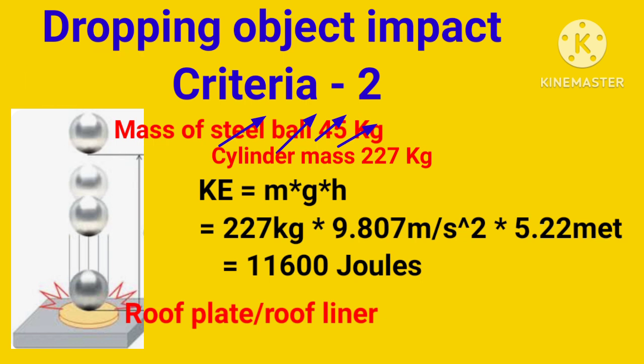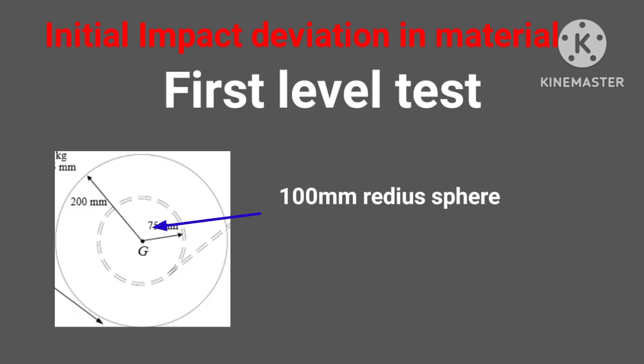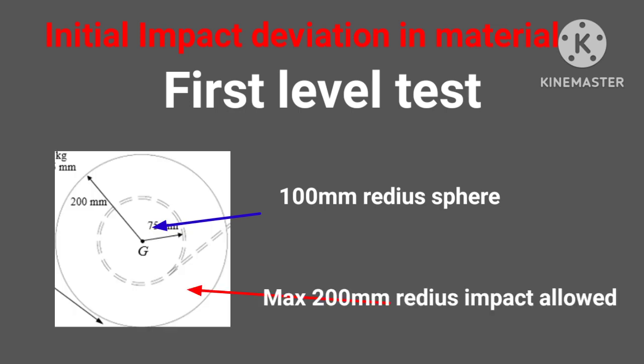Okay, now we are going to see the limit of deviation for level 2. How can we cross check? For level 2, the initial impact of the small end of the test object shall be entirely within a circle of 200 mm radius.